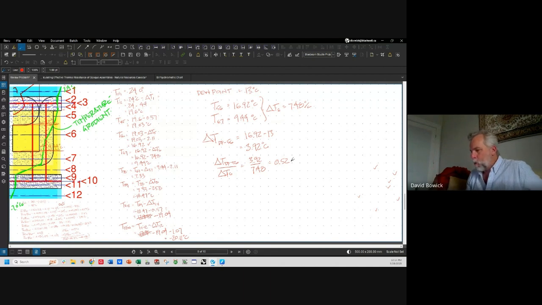That means that within layer 6, the dew point is just about halfway in.